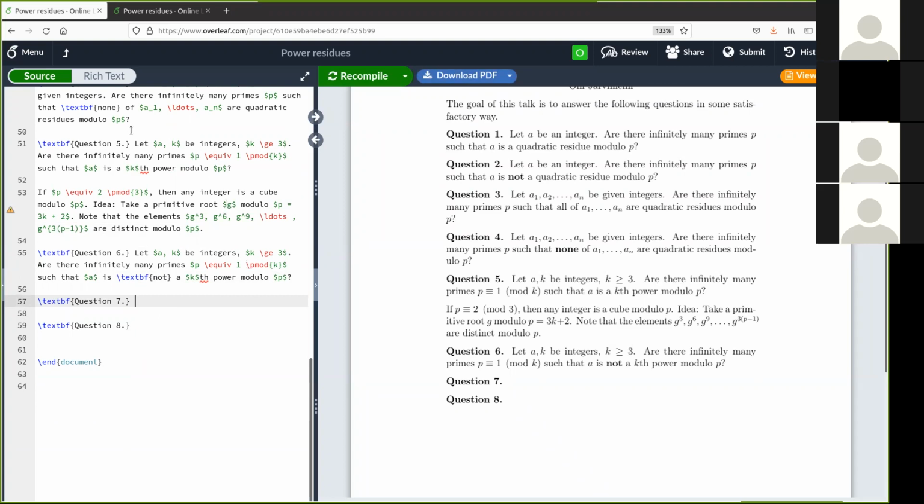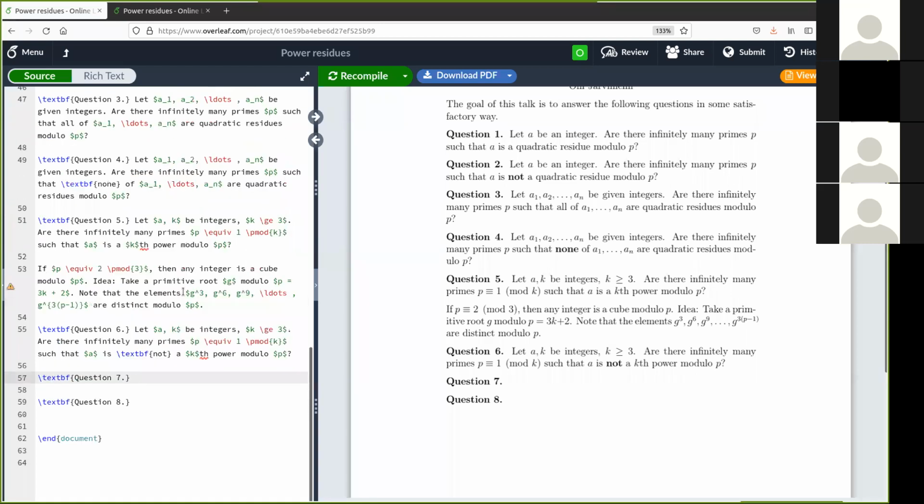I can't give detailed proofs because they're a bit difficult, but I'll try to give some satisfactory answers.